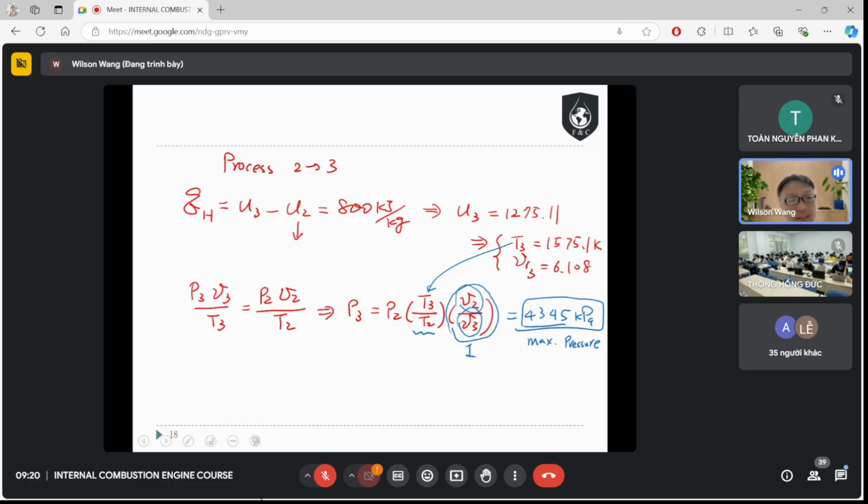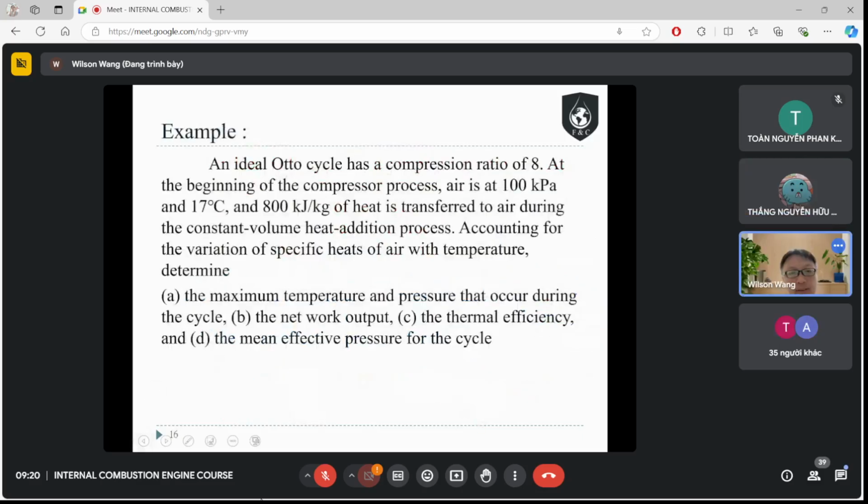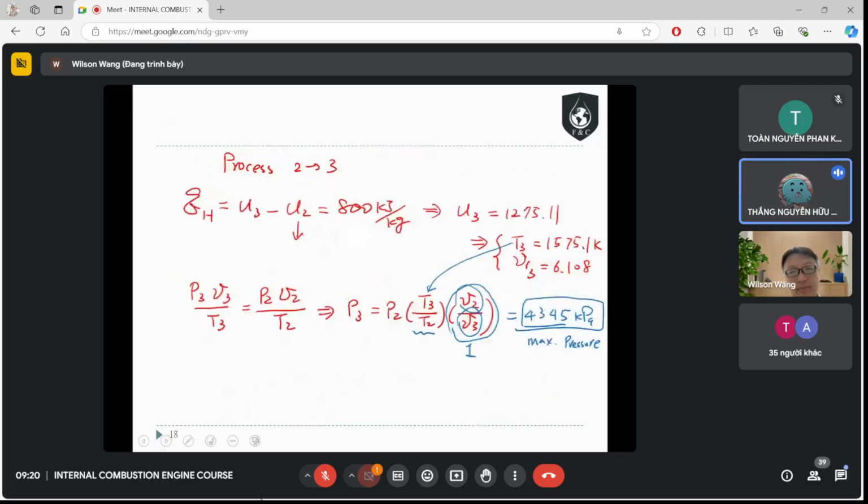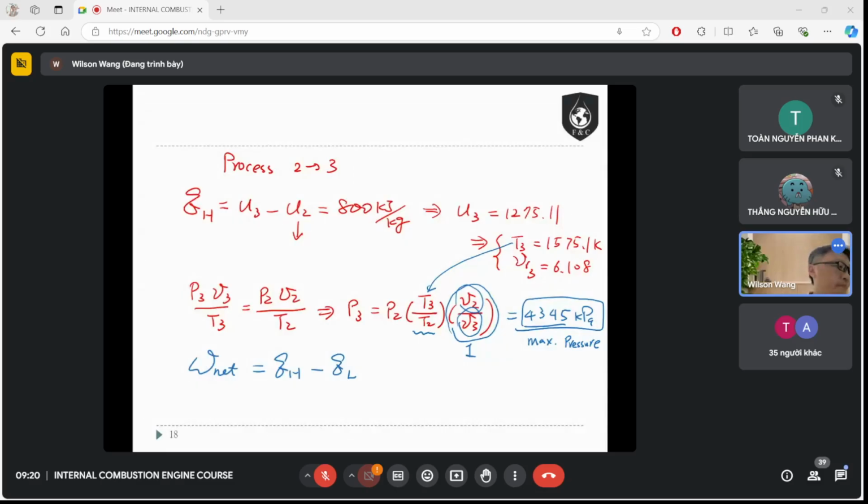And then it's asking the net work output from the process. Net work output from the process is QH minus QL, right?